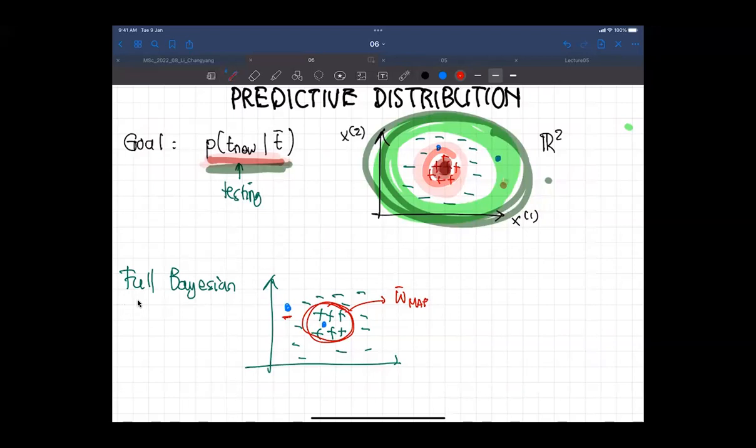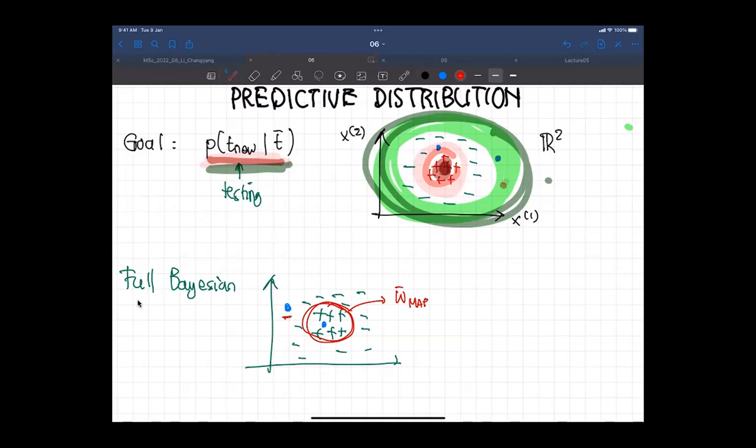But anyway, the deep red there means that it is very confident it is blue. But the yellow one means that it's less confident that it belongs to the blue point. If it belongs to the red point, it will be very, very dark blue.